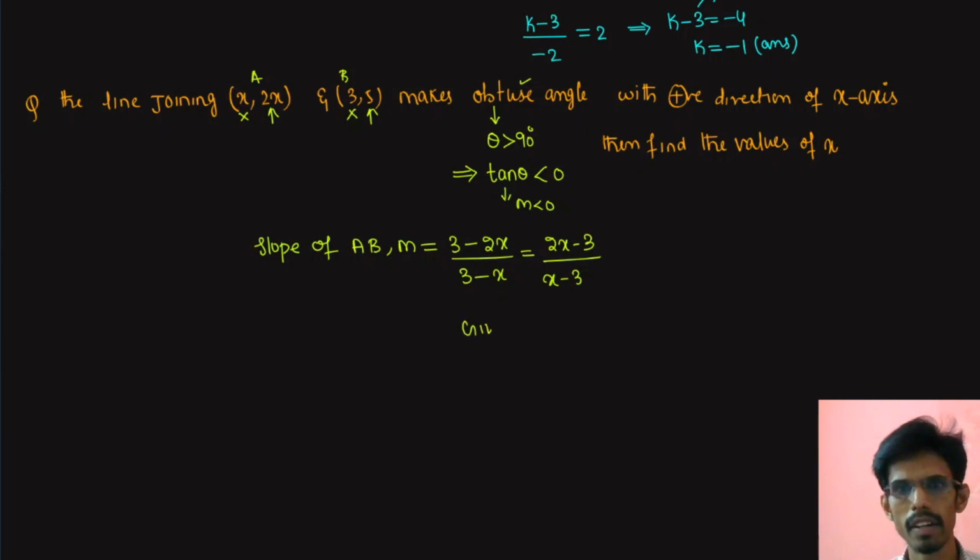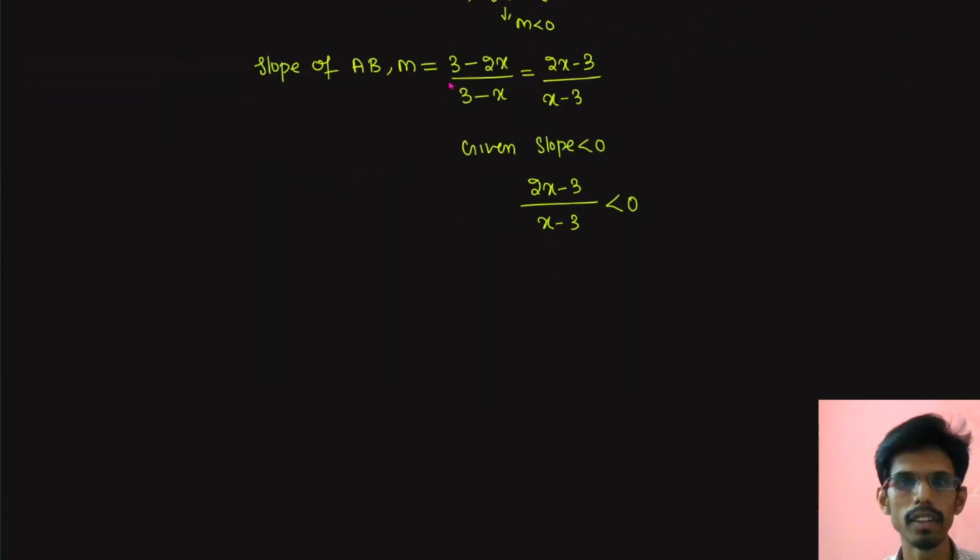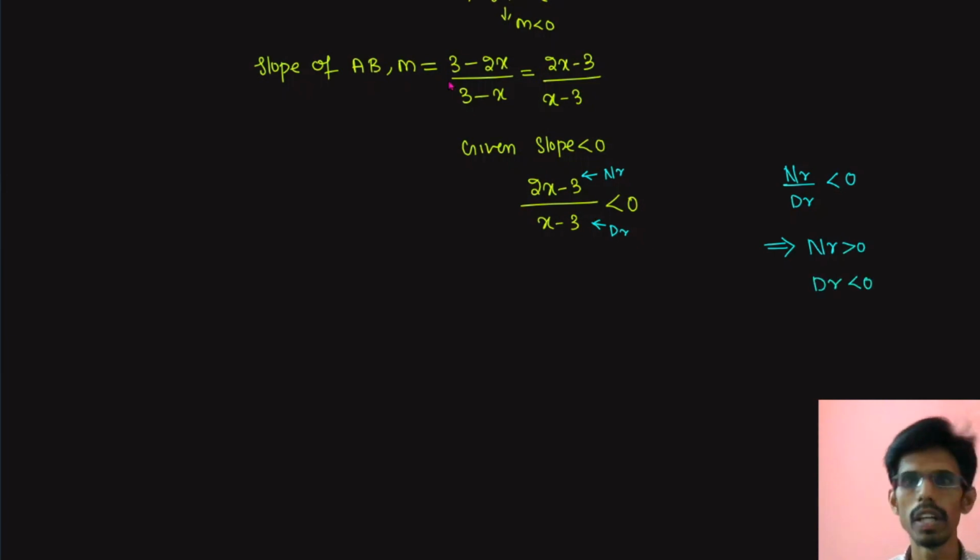So it is given that slope should be less than 0 because obtuse is given. Slope value 2x minus 3 upon x minus 3 should be less than 0. Okay, this should be less than 0. So when do we get a value less than 0? So note down, numerator by denominator will be less than 0 if and only if numerator is greater than 0 and denominator is less than 0, then only it is possible.